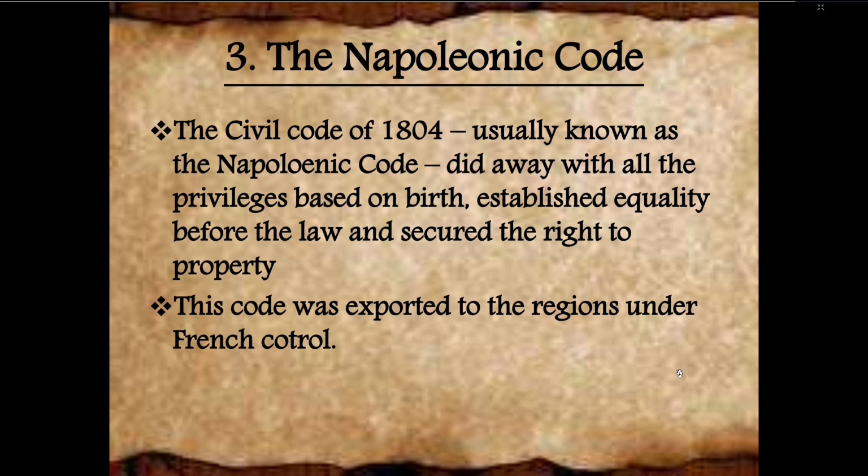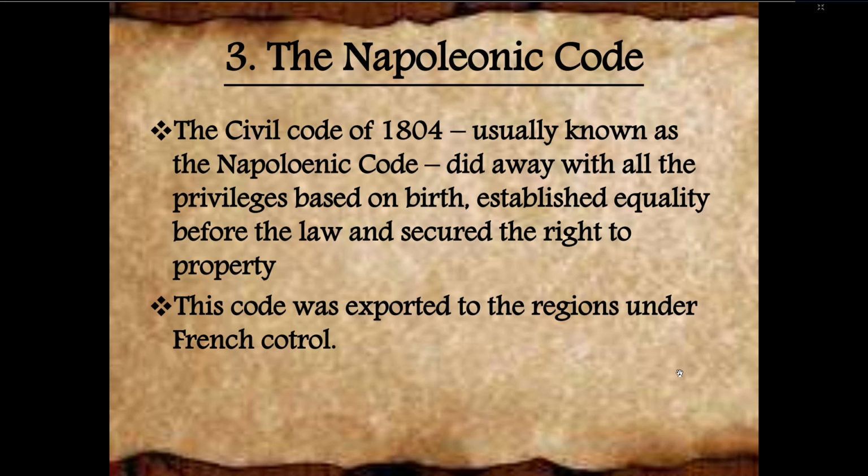And this Civil Code of 1804, the Napoleonic Code, was also exported to the regions under French control, and other territories which came under this. फ्रेंच कंट्रोल के अंदर आती थी, उन रीजन्स में भी नेपोलियन ने ये सिविल कोड को लागू कर दिया कि कहीं पर भी हम किसी को एक्स्ट्रा प्रिविलेज नहीं देंगे और सभी को राइट टू प्रॉपर्टी है.